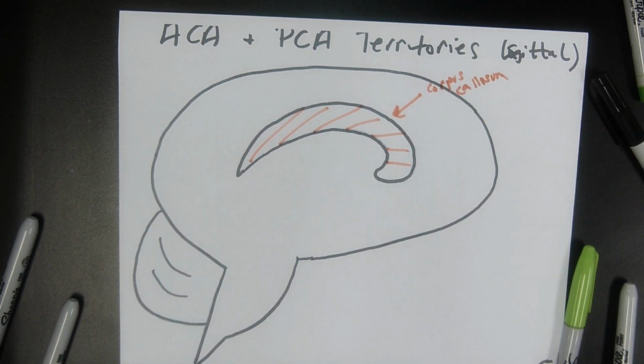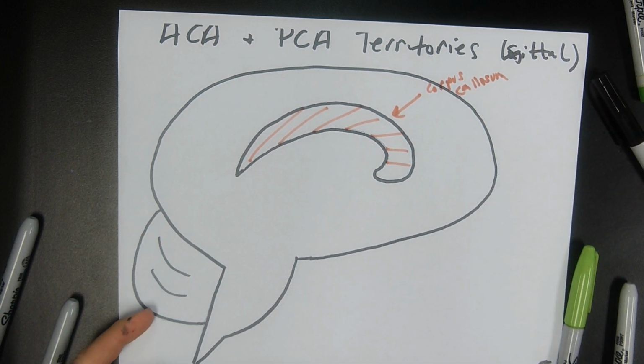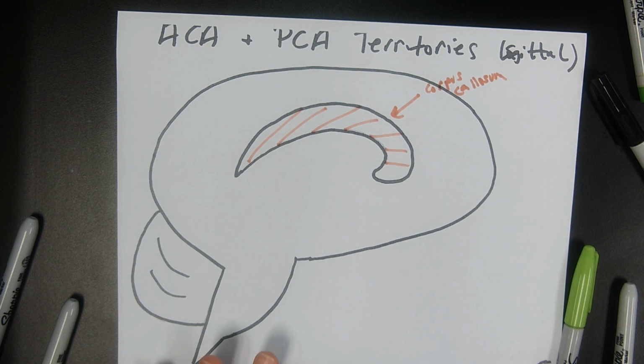So there's your landmark. And this little guy back here is your cerebellum. Okay, so you're just looking at the medial surface of the left, so the left outer side is underneath the paper. You're looking at the inside.